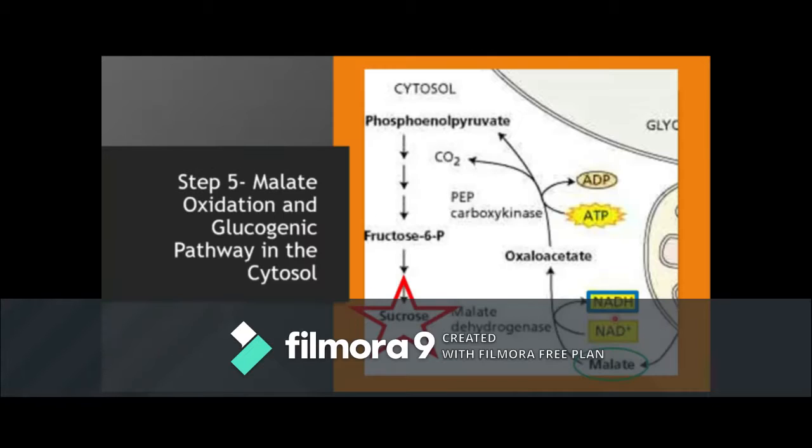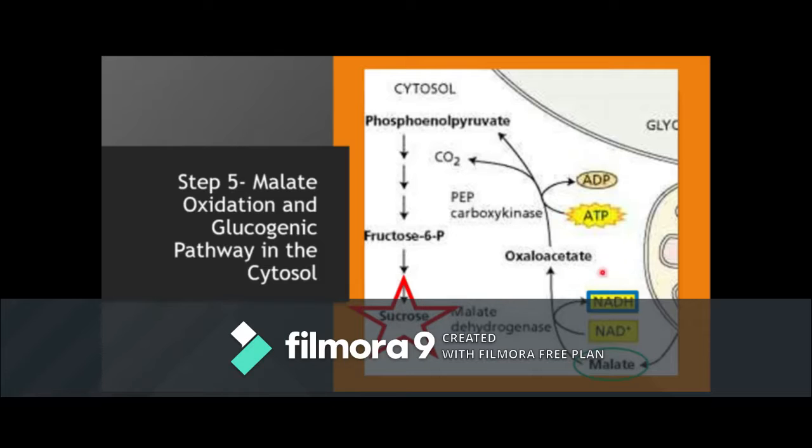Coming up to the fifth step now, the malate exits out of the mitochondrion for oxidation. It oxidizes using NAD, and then NAD leaves with hydrogen atoms, creating another energy for the plant to use later.